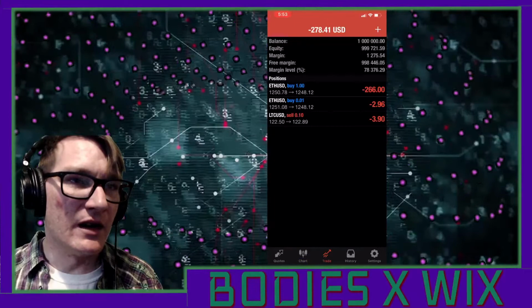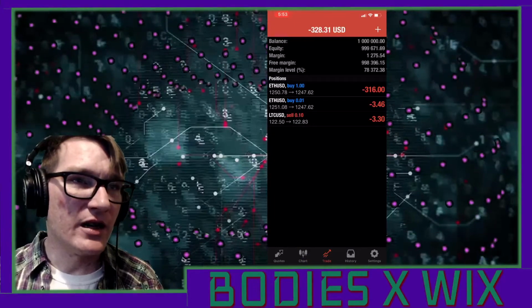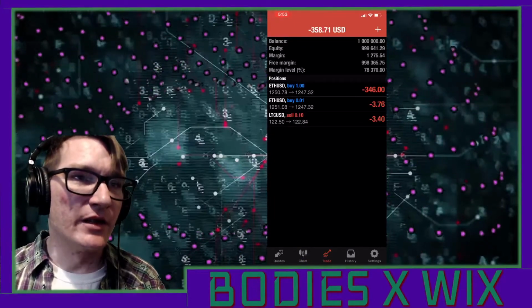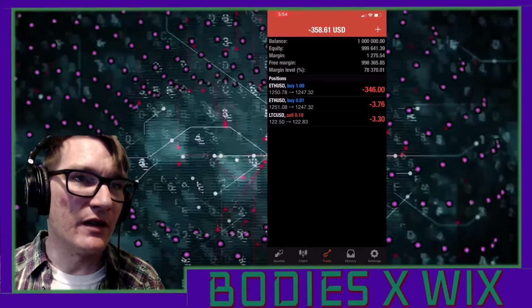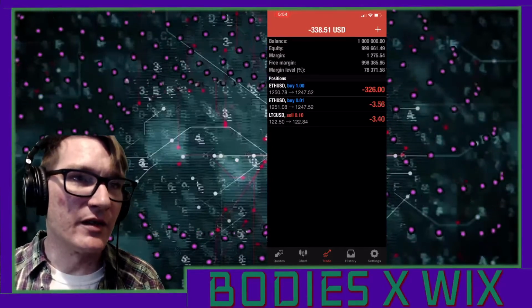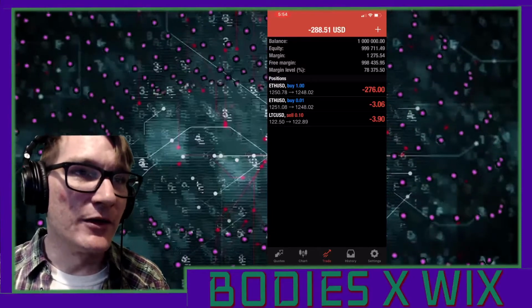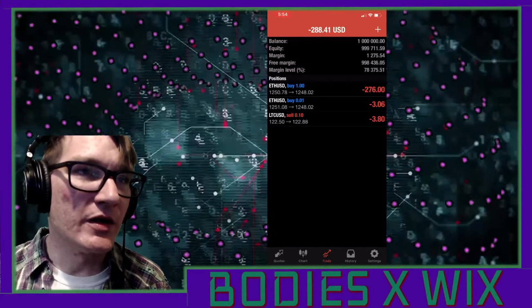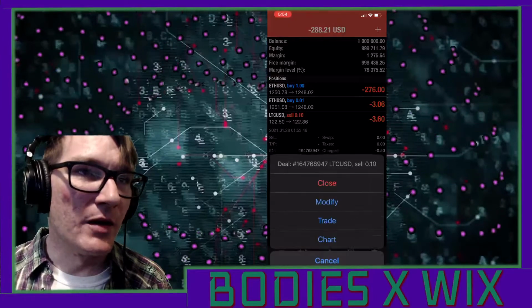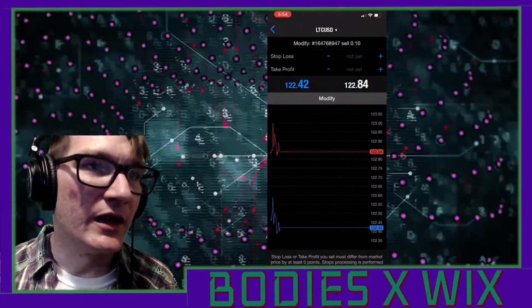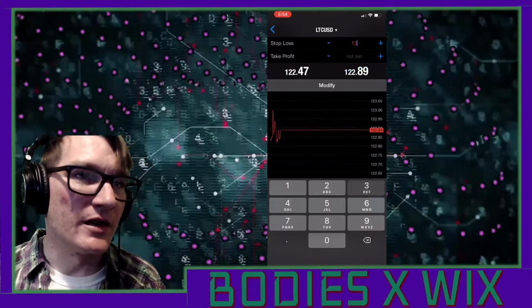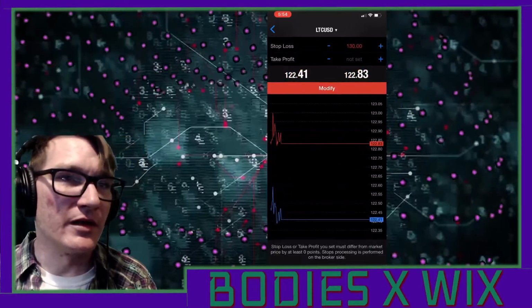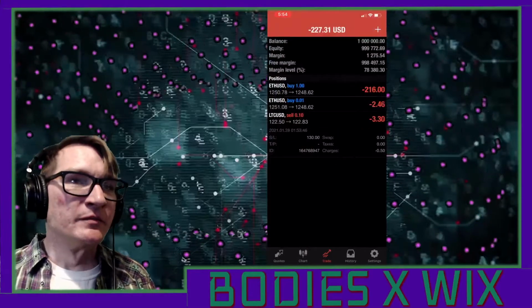So now I have Litecoin on here on my trades, right? And the reason I'm able to do all this is because I have a huge balance. You'd have to have a big enough balance to do this. If your free margin, or your margin level, I think, I'll wait till it goes back, and I'm putting in stop losses and take profits here just for the heck of it.